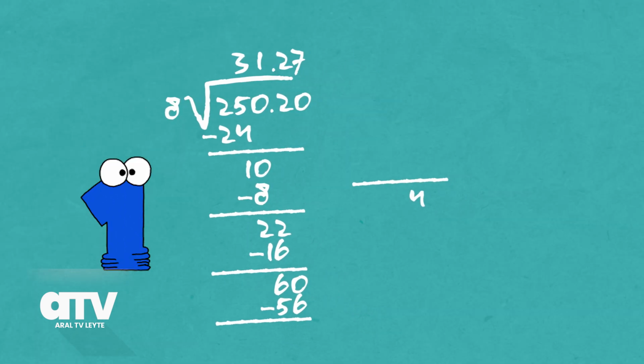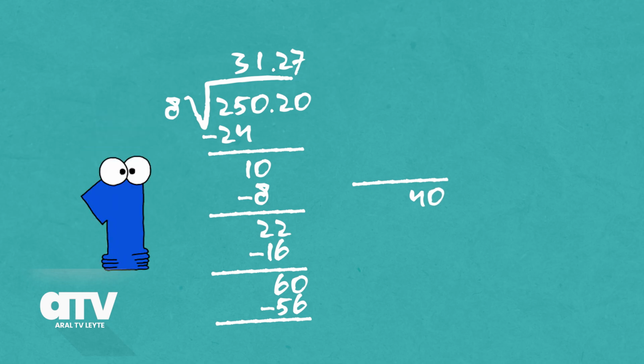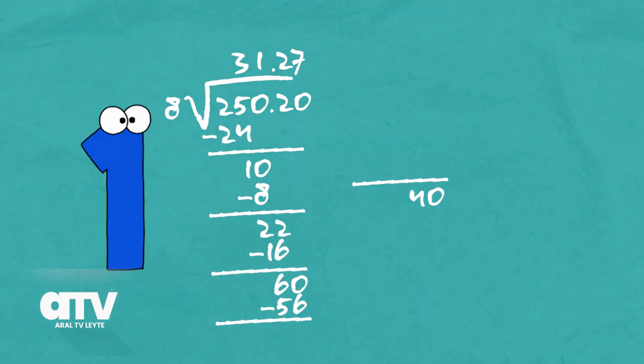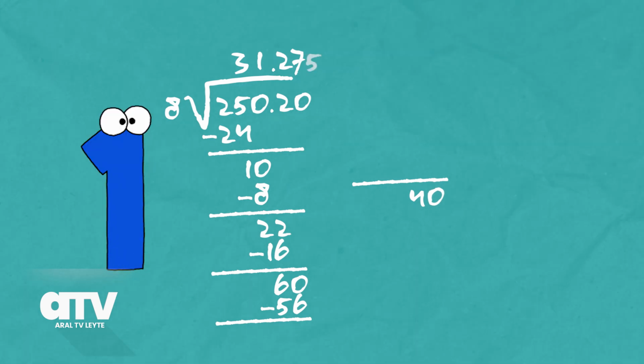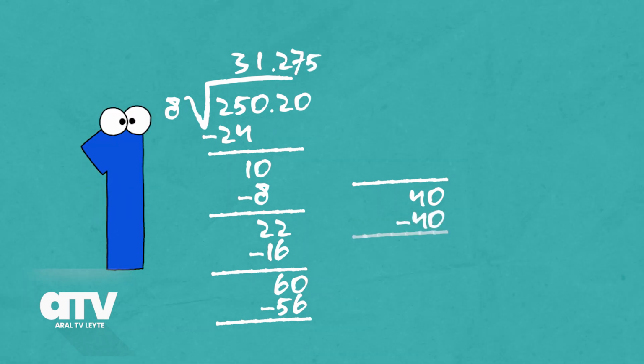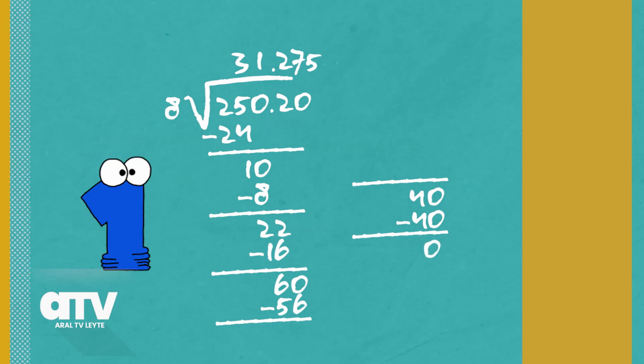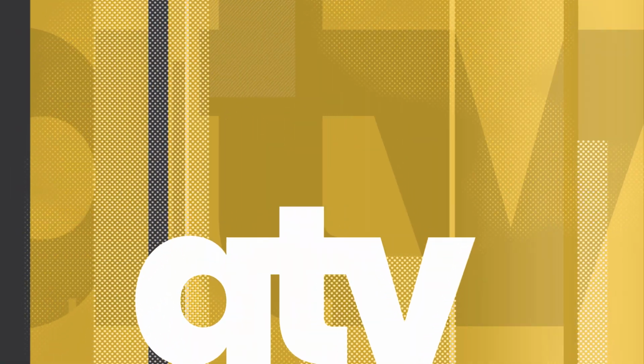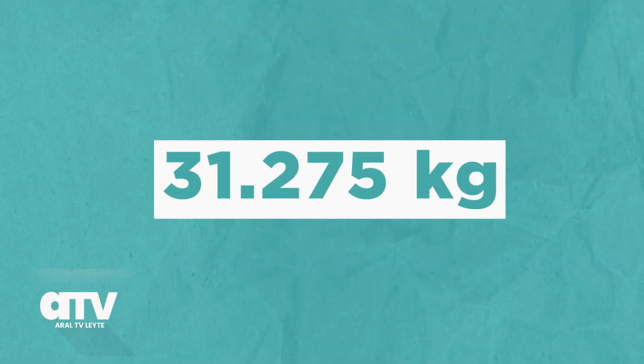Bring down 0. We have 40. 40 divided by 8 is equal to 5. 5 times 8 is equal to 40. 40 minus 40 is equal to 0. Therefore, each of Mrs. Haloso's friends will receive 31.275 kilograms of lanzones.